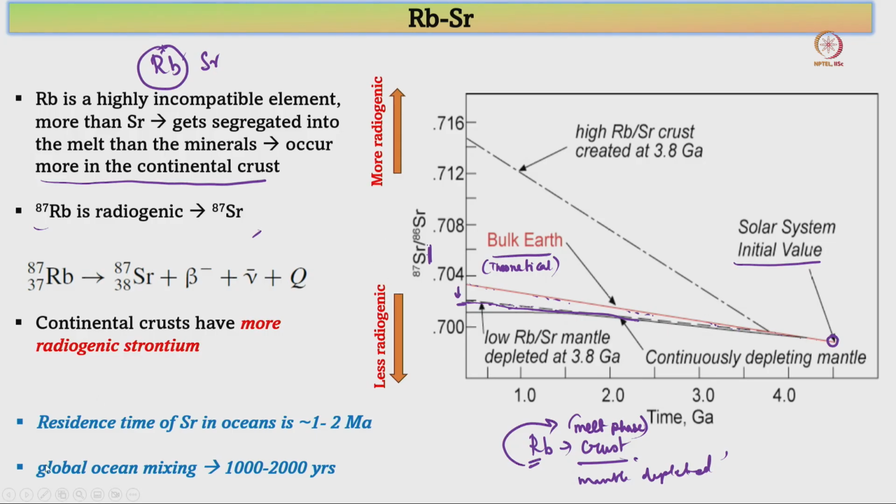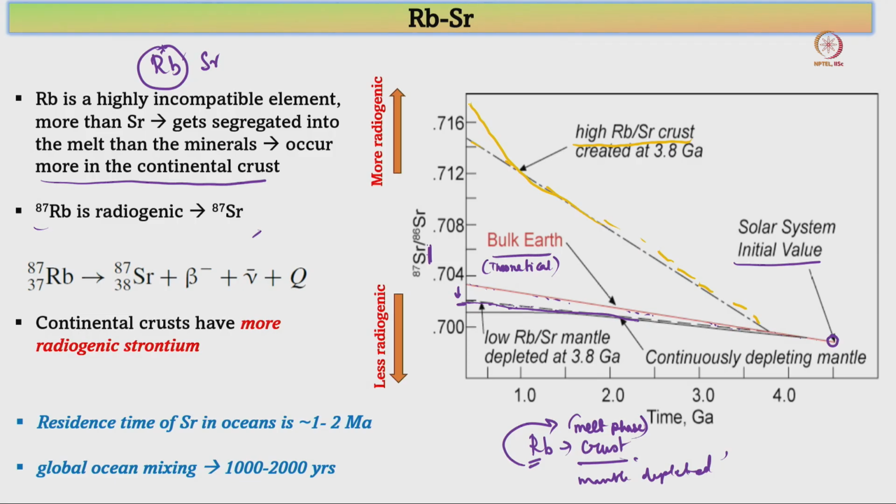Okay. Now, let us see what happened to the crust, okay. This is the progression of the earth's crust, that is, high rubidium by strontium crust gets created, this line, and now it is moving on a higher side, it will just move like this. Why? Because as the age is moving higher, it is going to produce more and more radiogenic values.